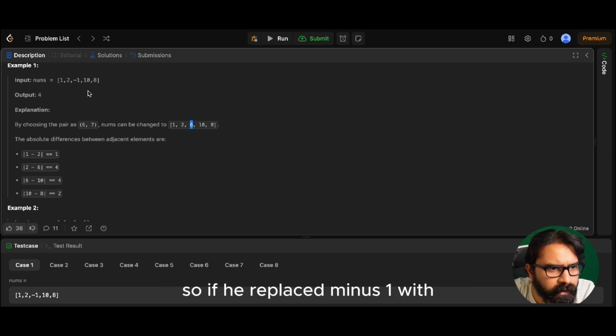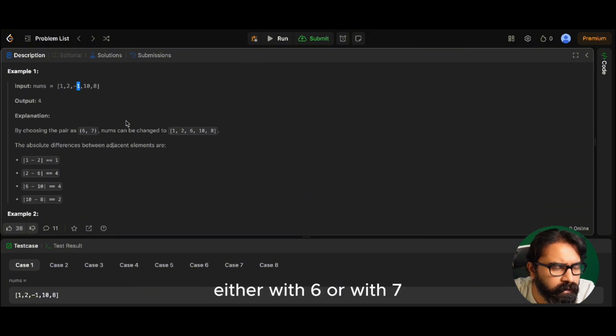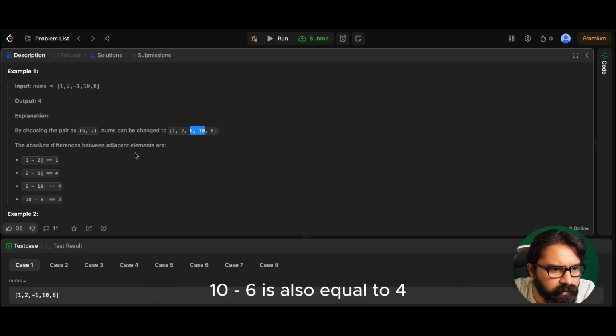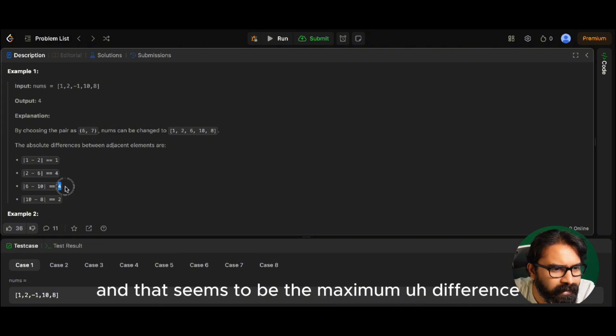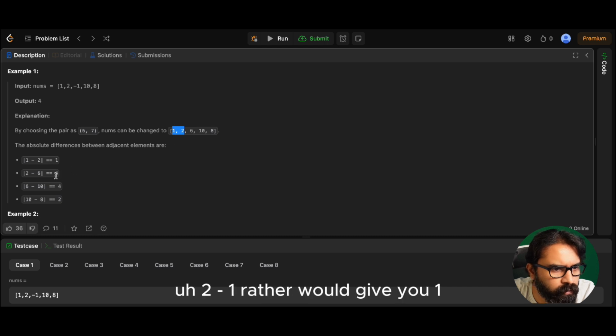We can replace the -1 with either 6 or 7. If we replace it with 6, then we get a difference of 6 minus 2, which is 4, and 10 minus 6 is also 4. That seems to be the maximum difference. Now 2 minus 1 would give you 1, and 10 minus 8 would give you 2.